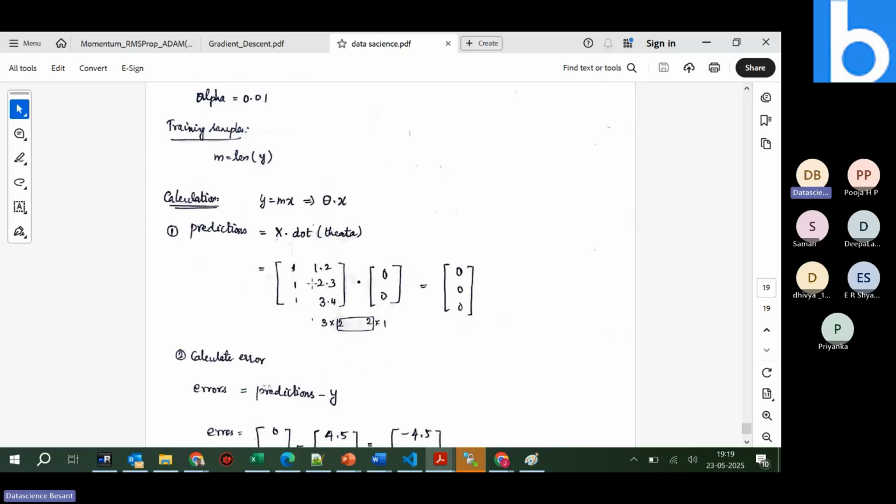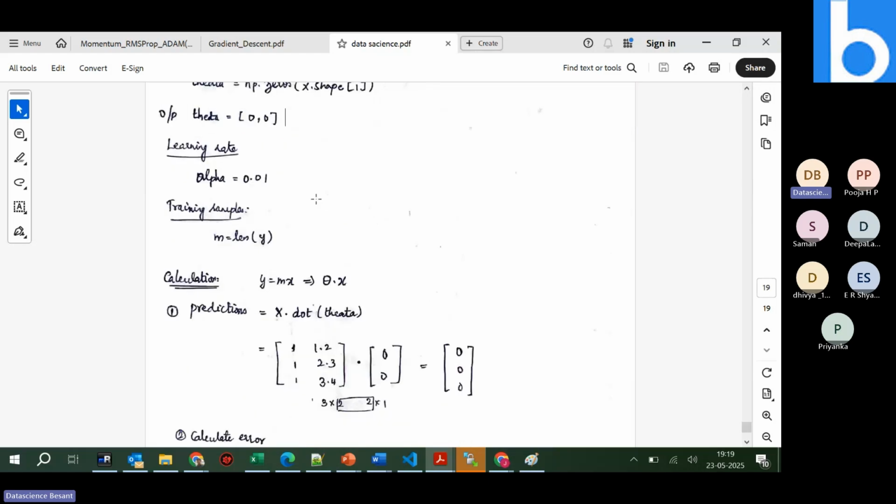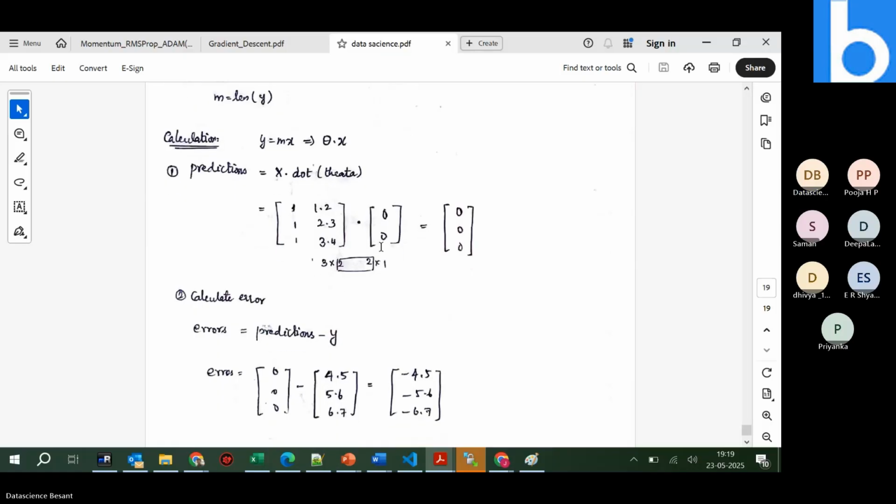The dot operator is from vectors in mathematics, where you do a dot operation with theta, which is 0, 0. So you'll be transforming the matrix according to the requirement. Whatever I have written, is this clear, guys?